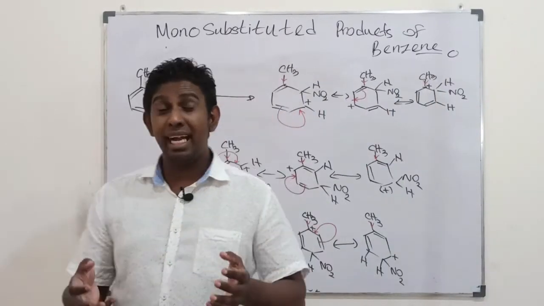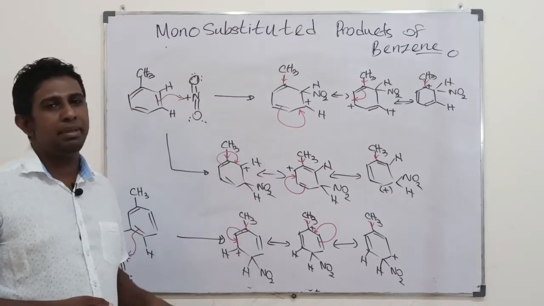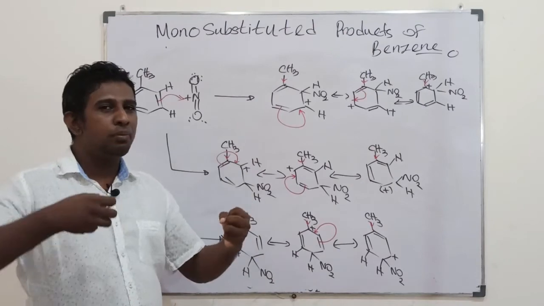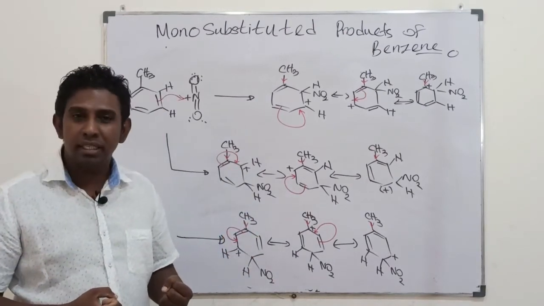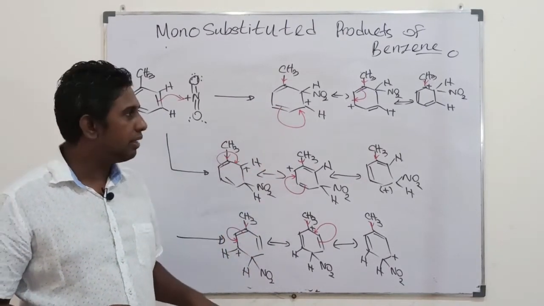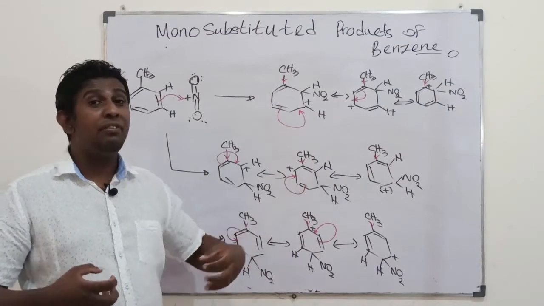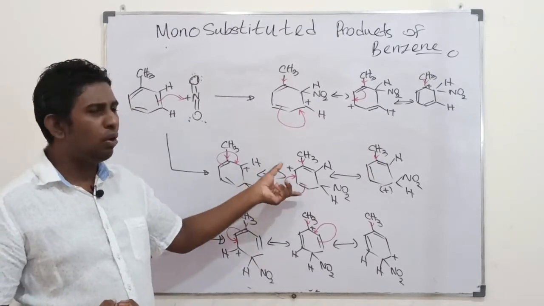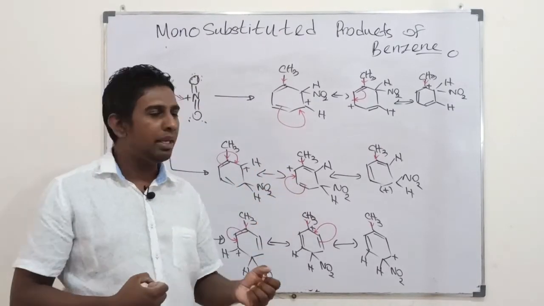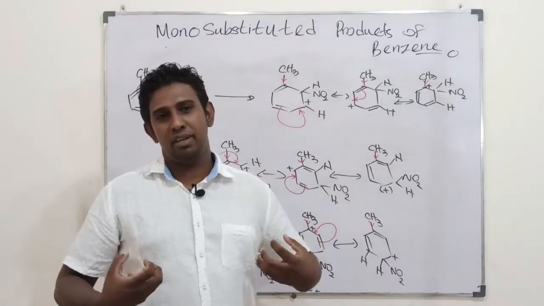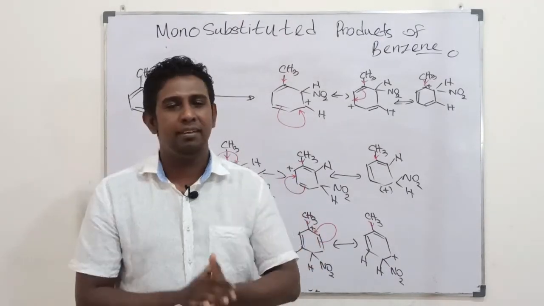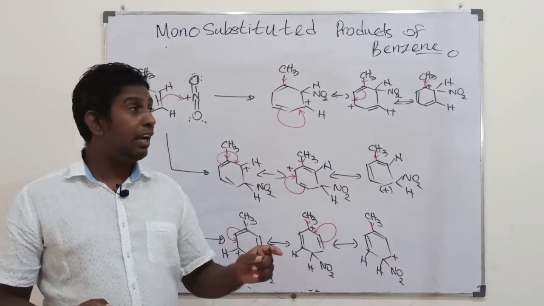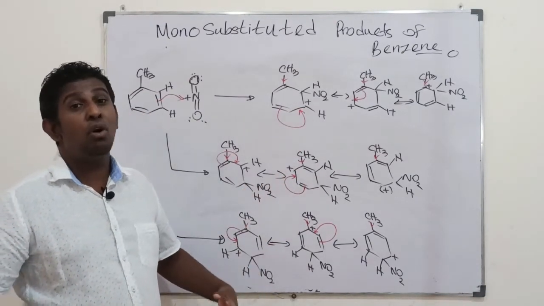It's about the intermediate carbocation stability, considering how the methyl group's electron-donating nature is used by the intermediate carbocation. These cations can efficiently use the methyl group's support. Though the methyl group is supporting here also, this one is not lucky enough to get the support directly. Therefore, these are more stable compared to this, and their formation is more favored.